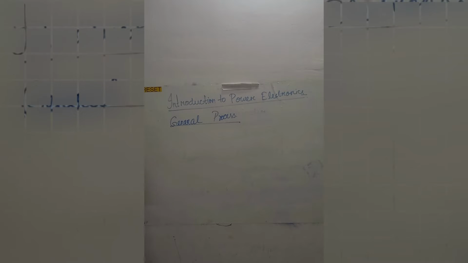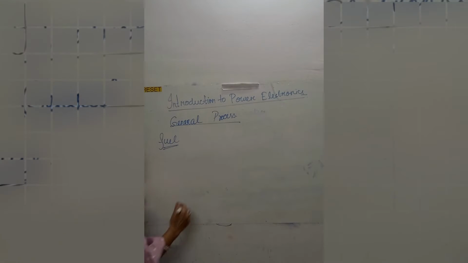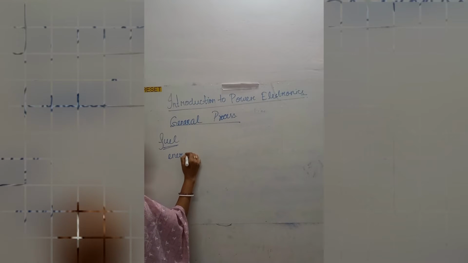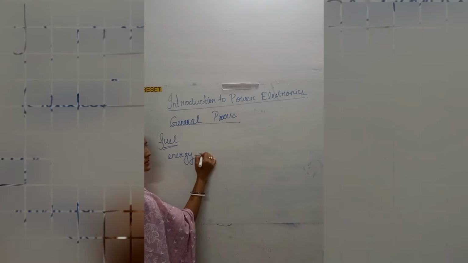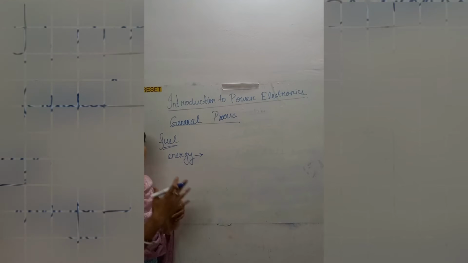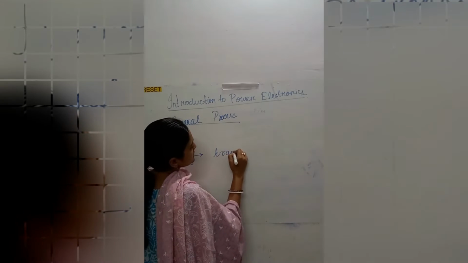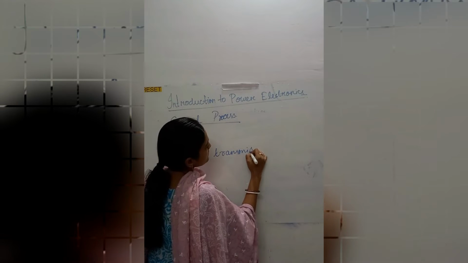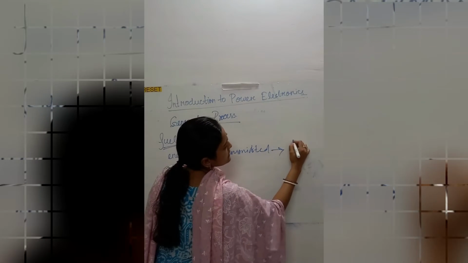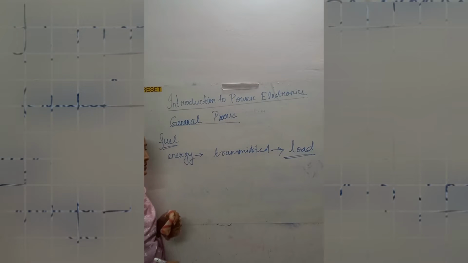Those sources may be renewable or non-renewable, whatever. When this fuel burns or when we use this fuel, it gives us energy. This energy then goes through various processes and is transmitted, then we get it in the load, that is in the output section.